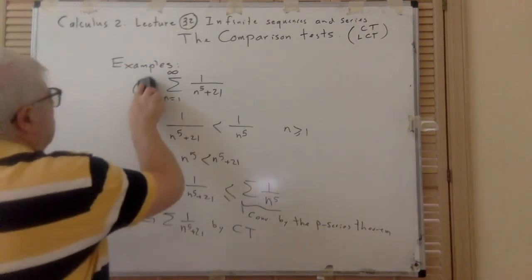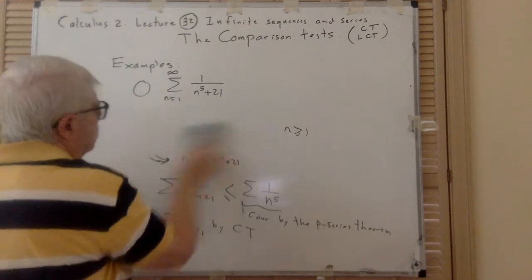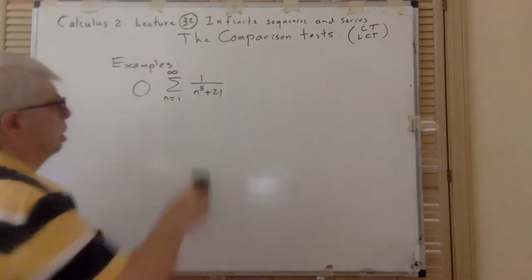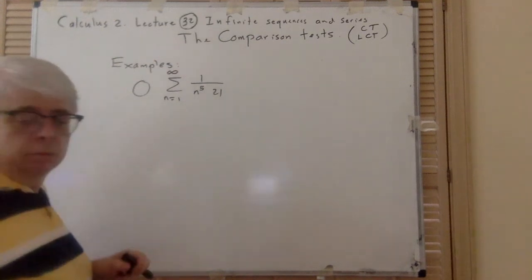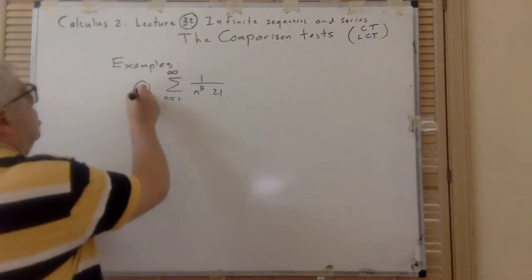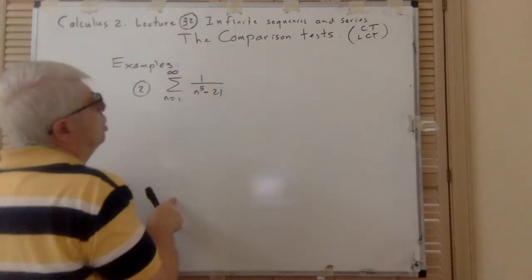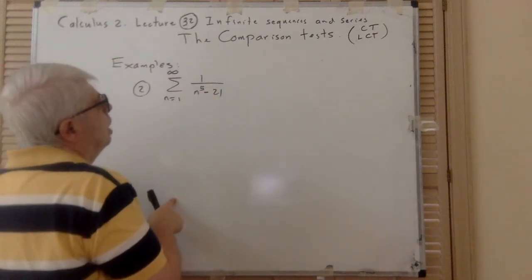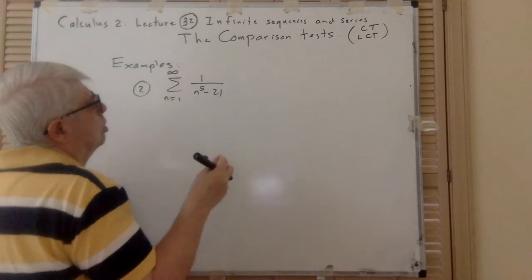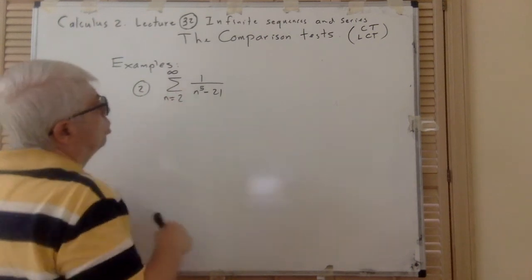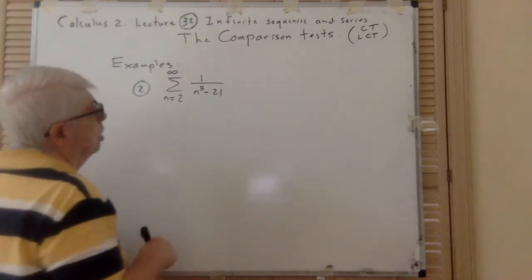Now I can make some changes here and show you the restriction. Number two, let's say n^5 minus 21. So n should start at 2, so it is bigger than 21 anyway.